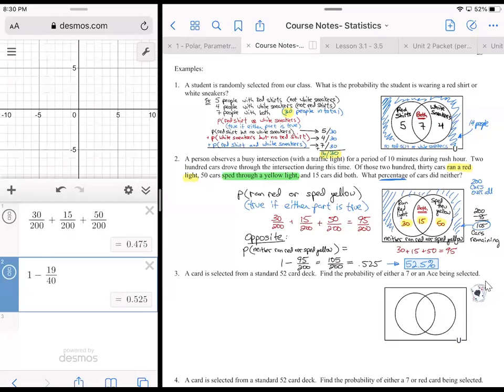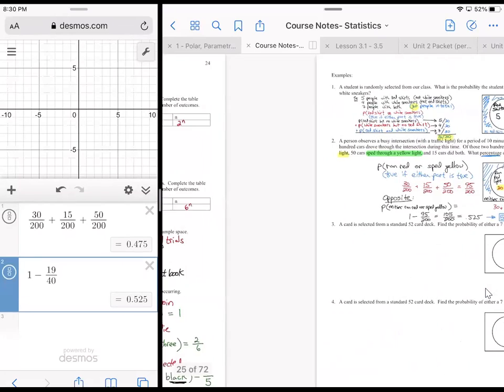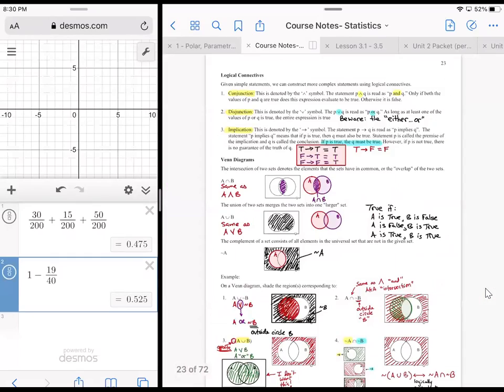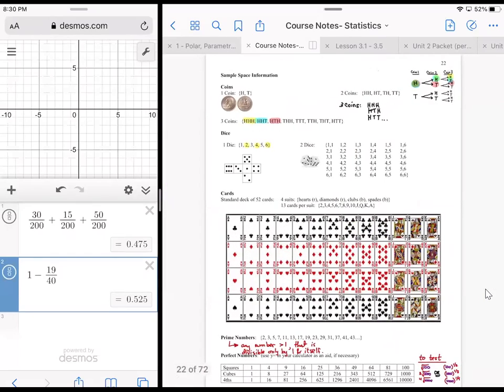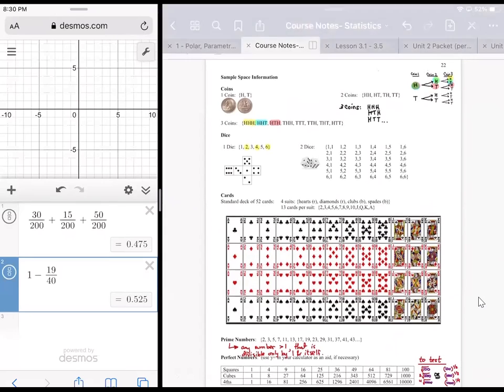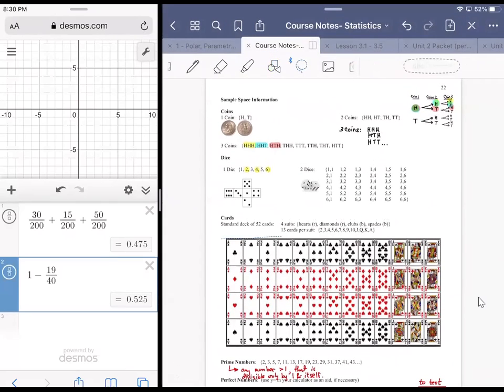All right. So number 3, we're looking for the probability of either a 7 or an ace being selected from a standard 52 card deck. So for that case, I'm going to grab my deck of cards, a little diagram here, and bring it over just so I have something to point to.